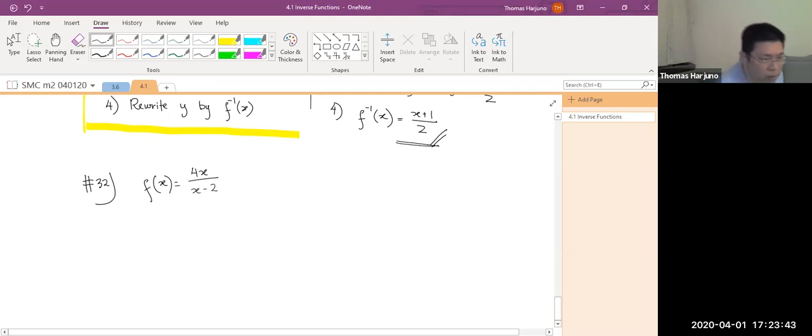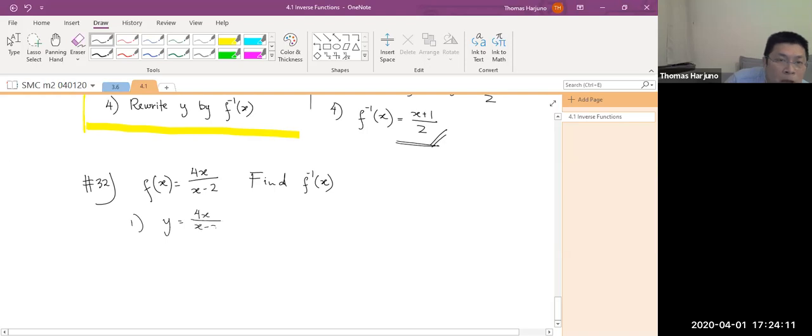Actually, we have done a similar procedure in the past. The procedure is quite similar, of course, but that one was not related to this inverse function. Now, step 1, I replace the f(x) by y.